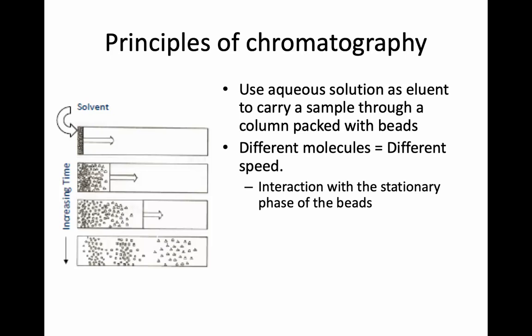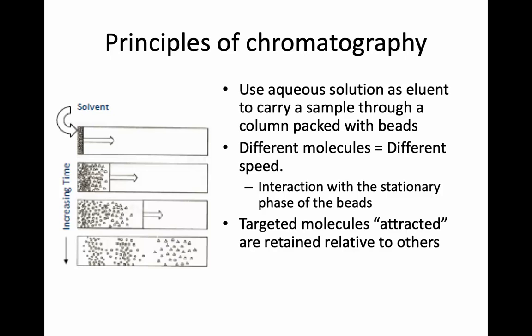These beads interact with the molecules that are in solution through different sorts of interactions, electrochemical, physical, polar. And because different molecules have different interactive properties with the beads, or with the stationary phase of the beads, they will be eluted at different times.